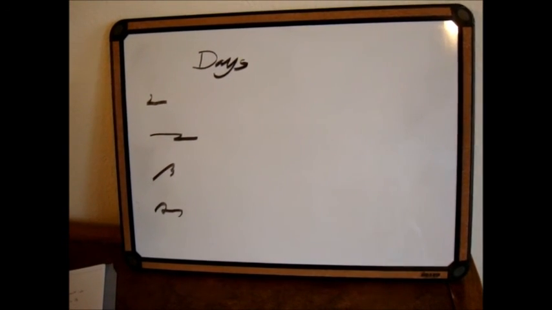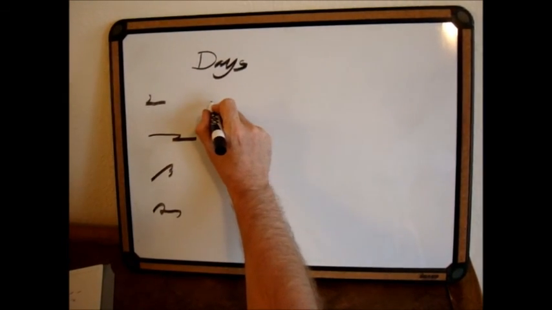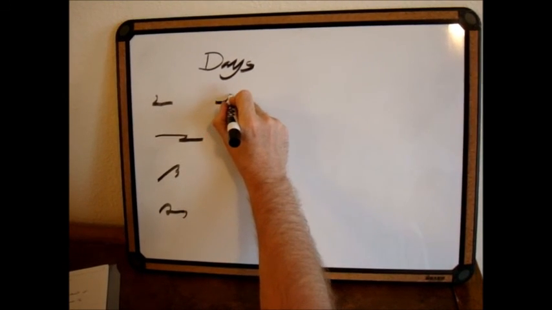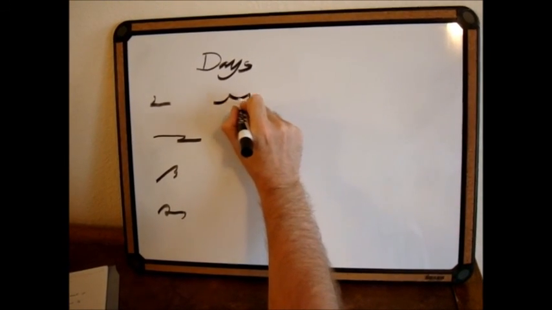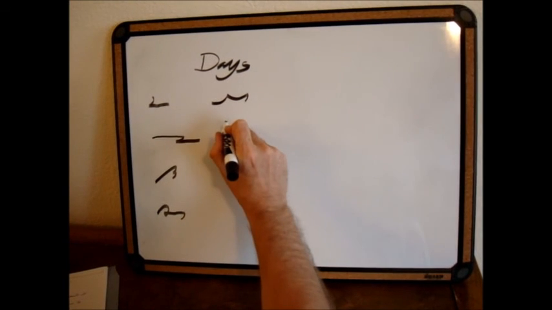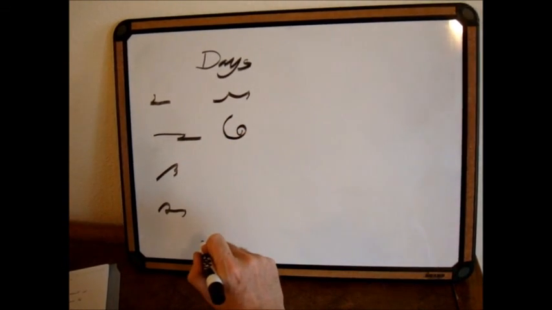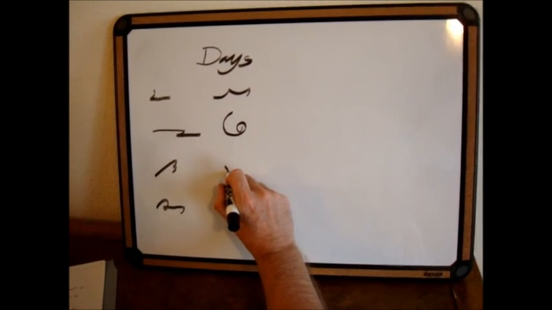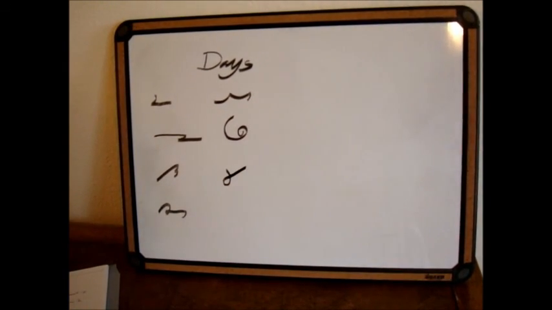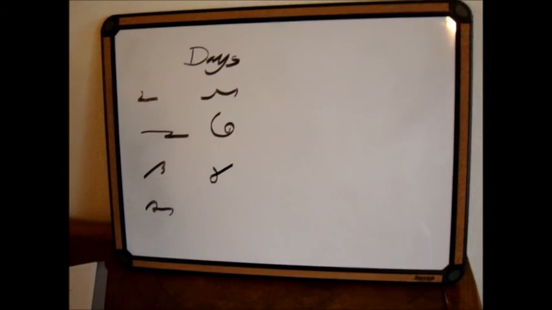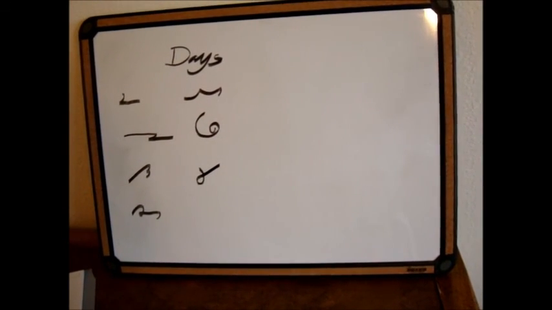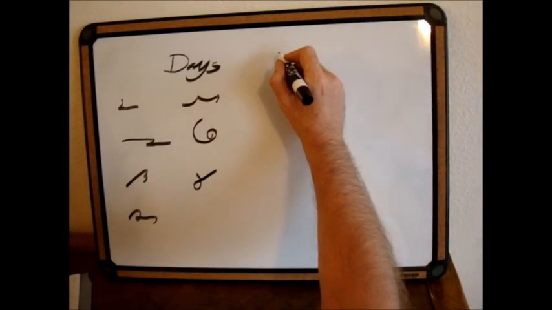Then he does Thursday, THRS, and Friday, FRI, and Saturday is SAT. So those are the abbreviations for days of the week, very similar to what we use in longhand.